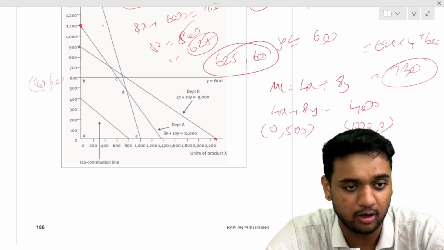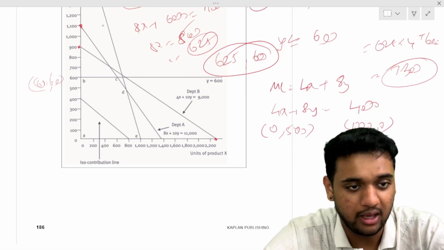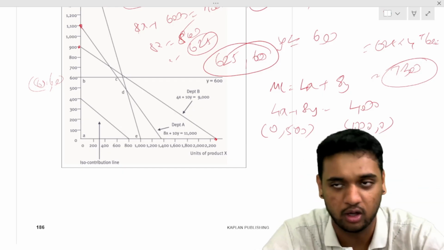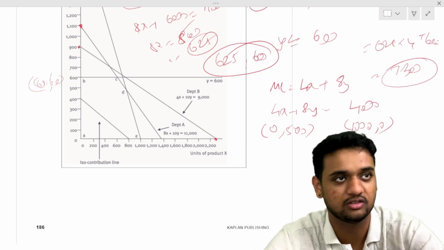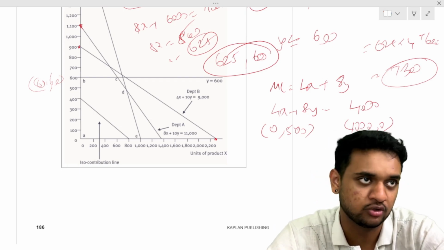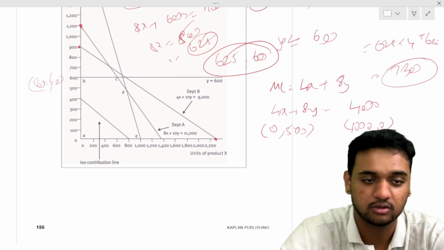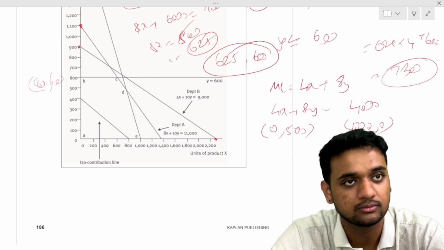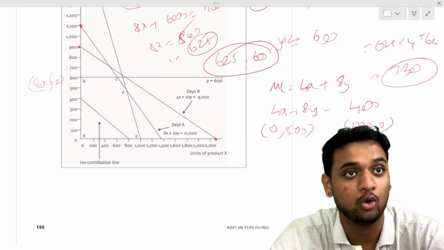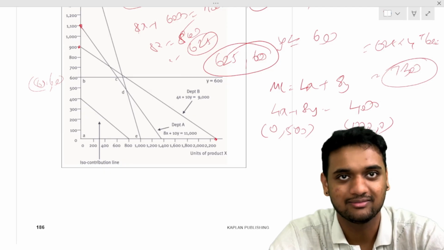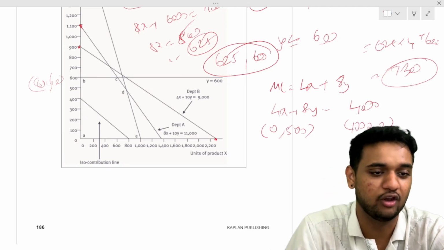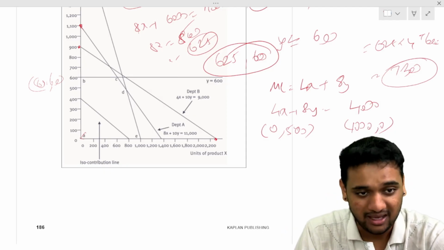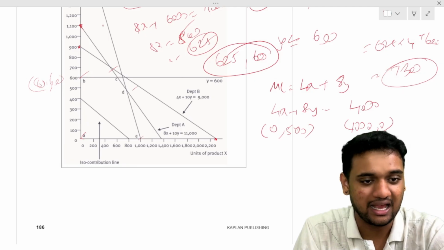There are 5 corner points, so one of these 5 corner points should be our answer, that is, how much of X to produce and how much of Y to produce. Which of these points is obviously a no? A is definitely a no because we will not produce 0 units of both. So A we can rule out, and it's either B, C, D or E.